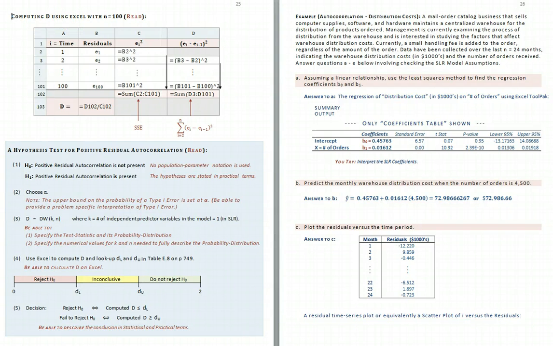The top of this next page indicates how to compute the value of the Durbin-Watson statistic in Excel. For this example, we'll assume n equals 100. Column A indicates the data point index, which is also assumed to be the time order the data was collected in. Column B indicates the regression residual values obtained from Excel simple linear regression output.